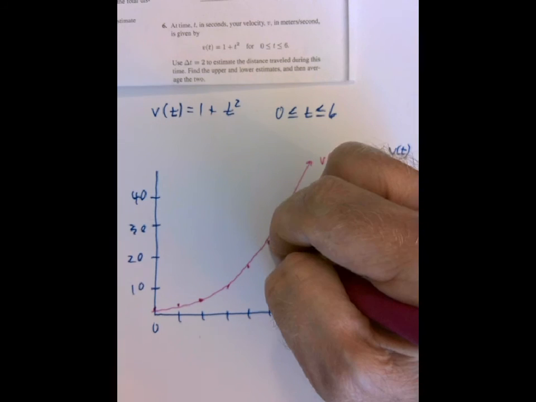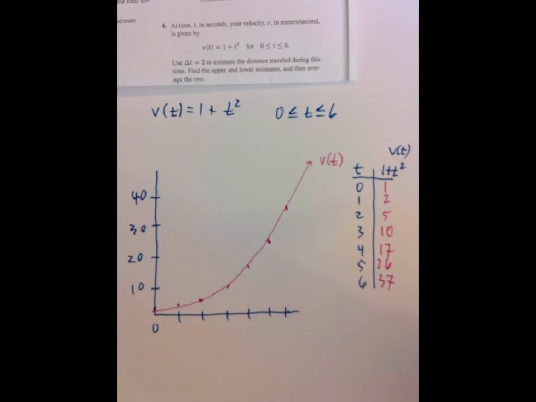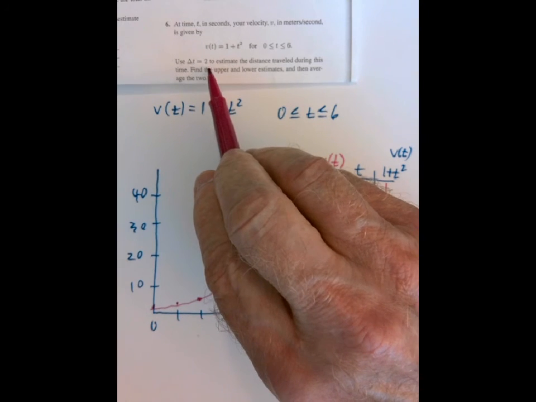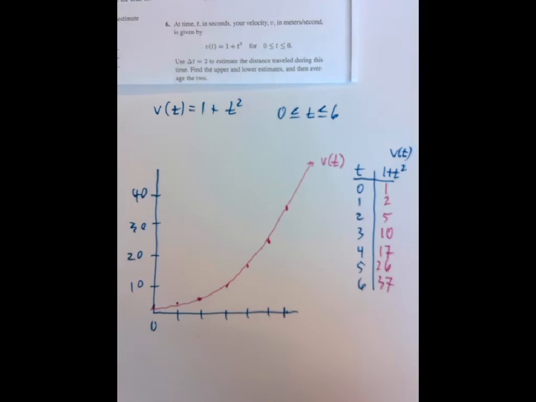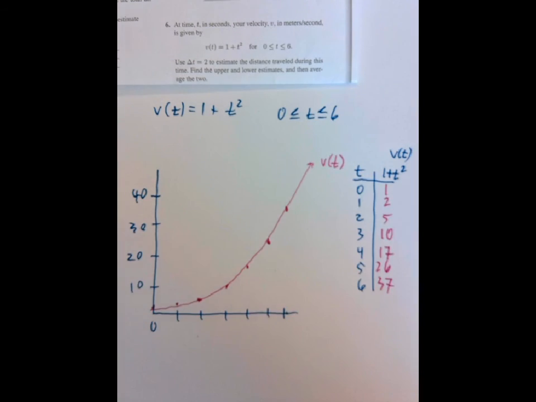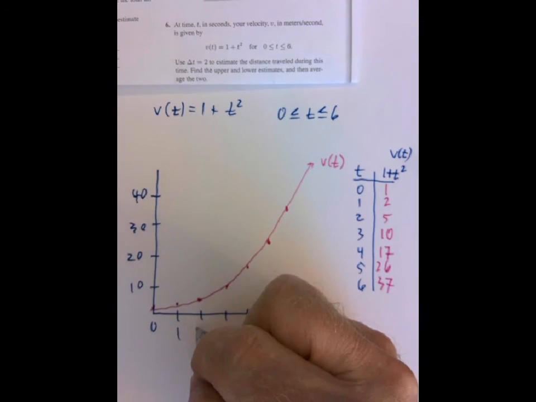Now, they want left and right sums for n is equal to 2, right? Or rather, sorry, I'm reading that wrong. Delta t is equal to 2. That means we want to split this interval from 0 up to 6 in intervals that are exactly 2 wide on the bottom here.